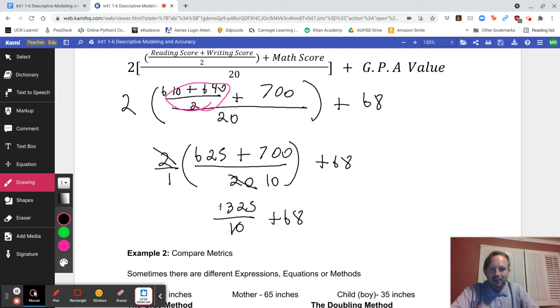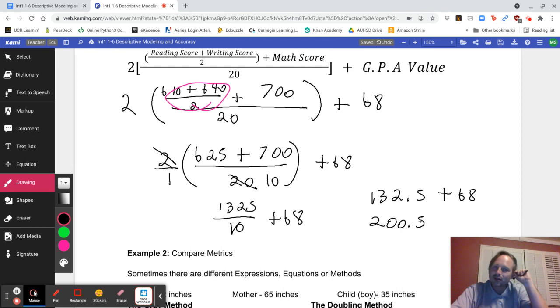That would be 132.5 plus 68. If I add those together, 8 plus 2 is 10, 140 plus that is 200.5. So this student can attend that college. That's it. All right, let's continue.